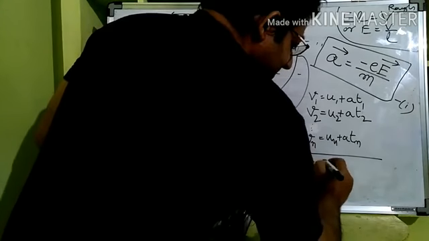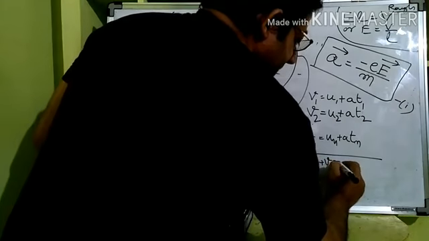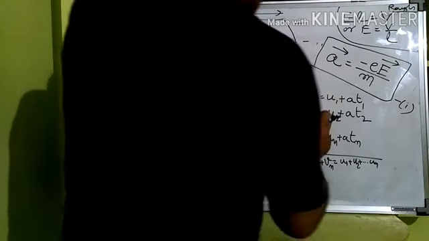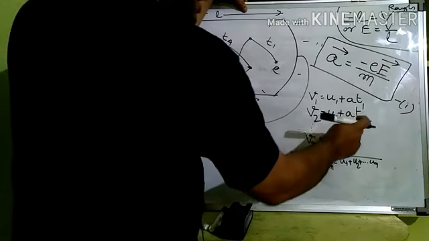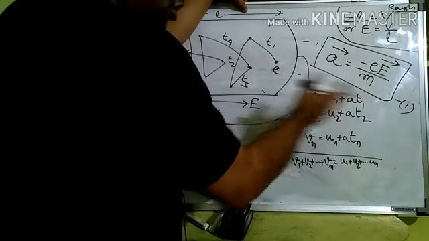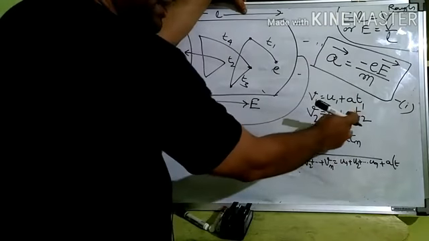If you add up everything, V1 plus V2 plus till Vn is equal to U1 plus U2 plus till Un plus A multiplied by T1 plus T2 plus till Tn, taking A common.